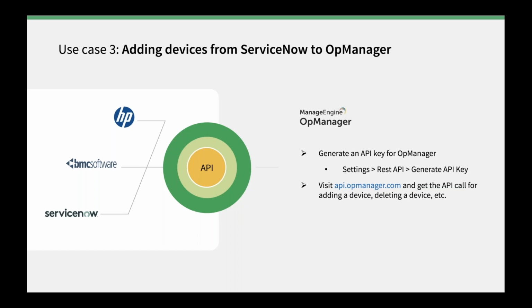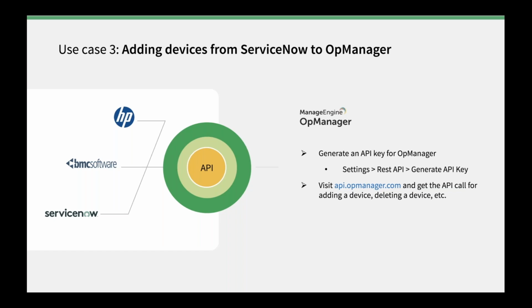Say you already have ServiceNow, an asset management and ticketing software in place, and you're managing all the assets, the installed software, the licensed software, and so on using ServiceNow. But at the same time, you also have a requirement to monitor the health of those devices like CPU, memory, and performance metrics. In that case, it doesn't mean that you need to manually add all the devices available in ServiceNow to OpManager.